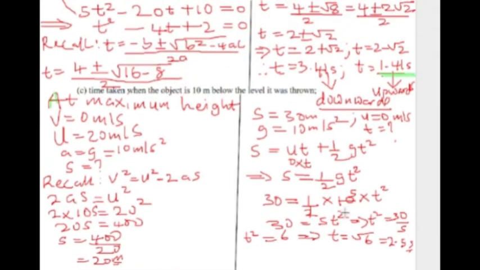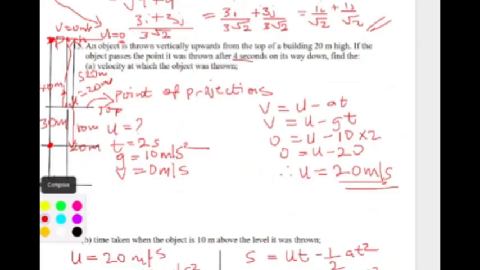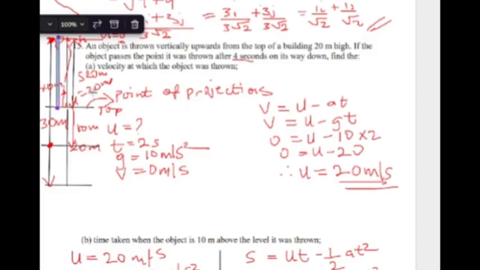so this is what it means. Let's get back to our diagram. Let me change the pen. So what it means is this. It took 2 seconds to go from the point of projection to the maximum height.